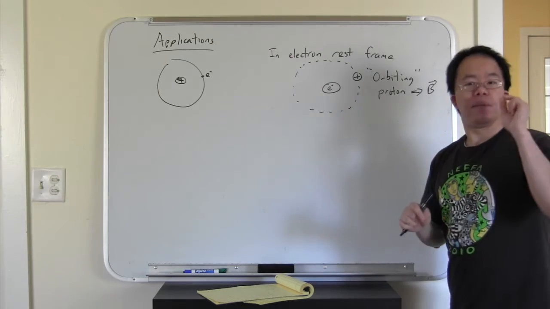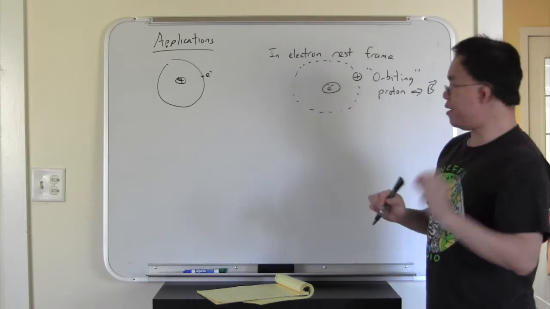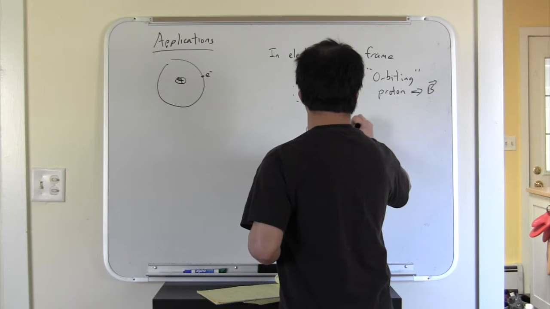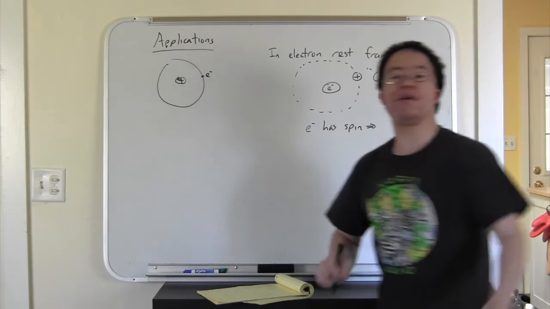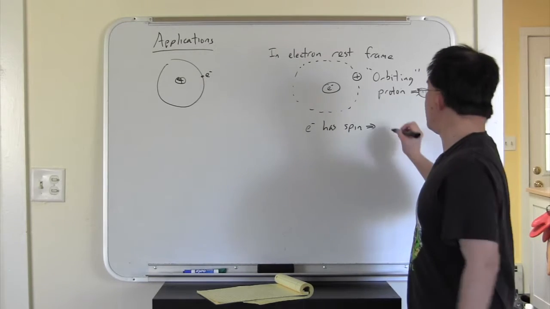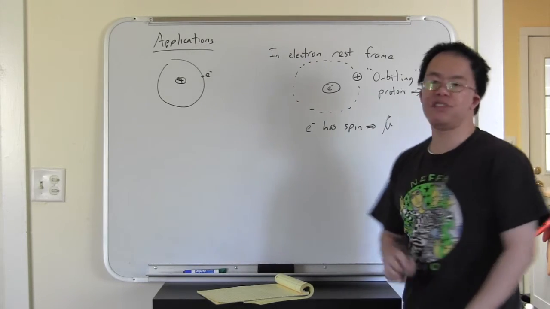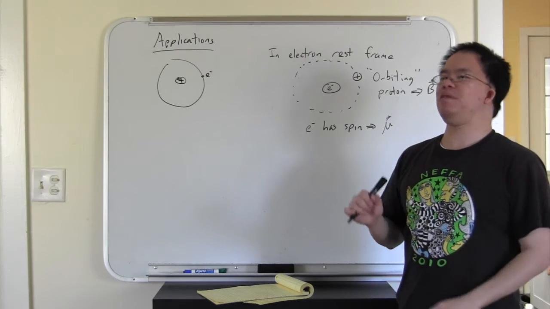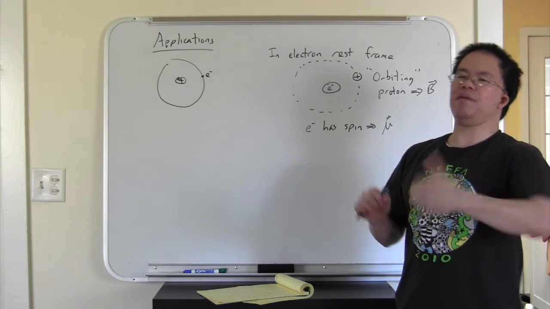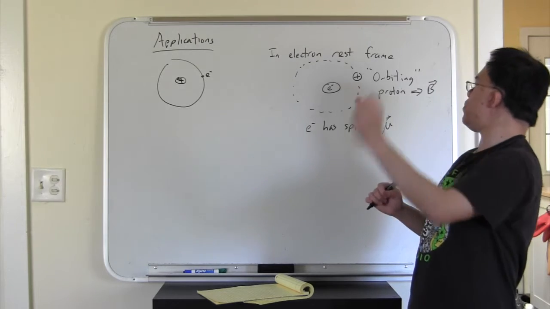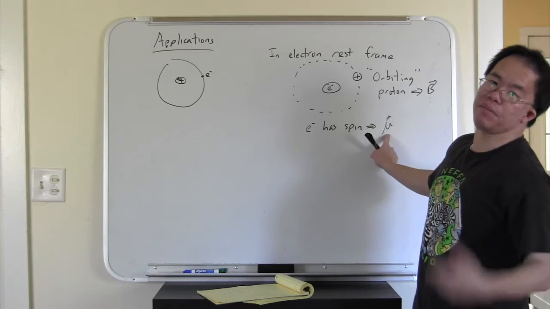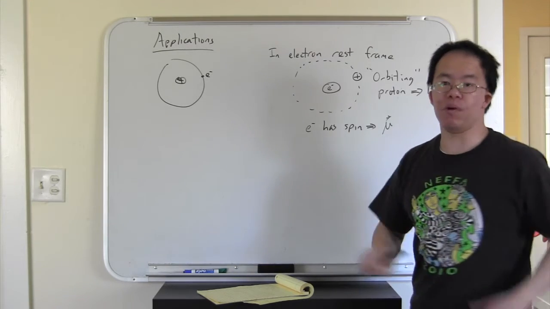Because the electron has spin, it has a magnetic dipole moment mu associated with that spin. And because the z component of it can be positive or negative, I can think of this as there being two possible directions for this electron magnetic dipole moment vector.